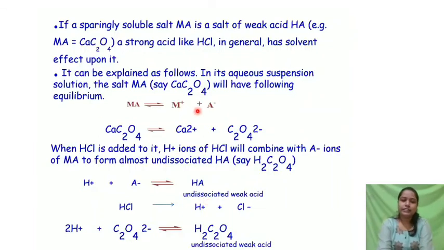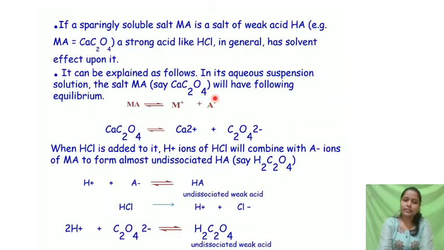That means in this equilibrium the concentration of A- changes. The concentration of A- changes, that means the value of Ksp is also disturbed. In order to keep the activity product value constant, the salt gets dissociated into the solution because the concentration of A- decreases.